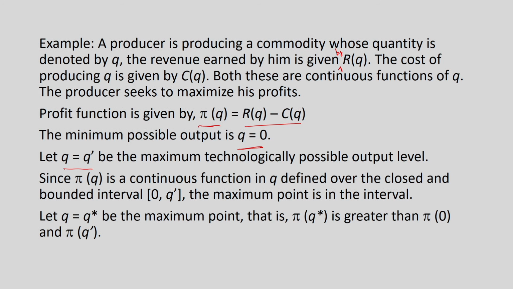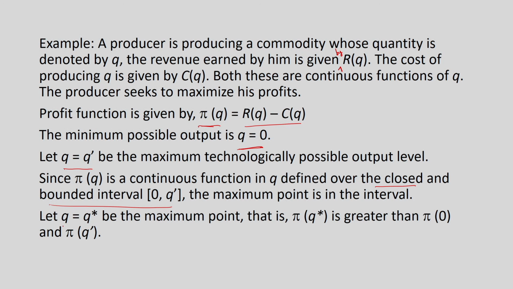Now, pi of Q is a continuous function in Q defined over the closed and bounded interval 0 to Q dashed. And since it is a closed and bounded interval, by the extreme value theorem, the maximum point is there in the interval.